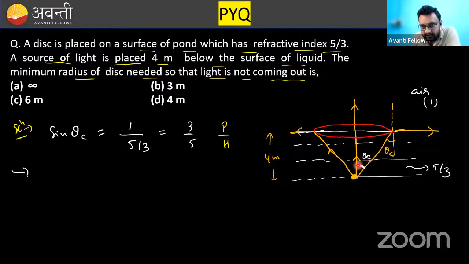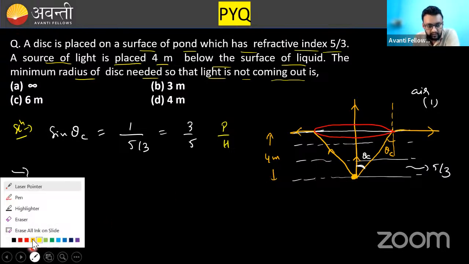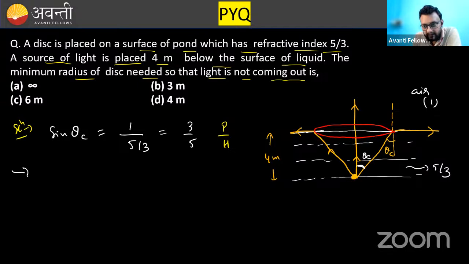In this triangle, this is theta c. So sine theta c will be perpendicular over hypotenuse. Perpendicular is 3. Hypotenuse is 5. This is 3. This is 5. So the base will be 4. By Pythagoras theorem, base will be 4.